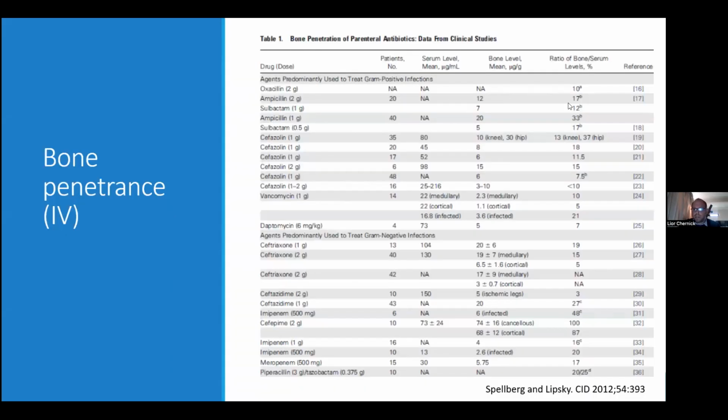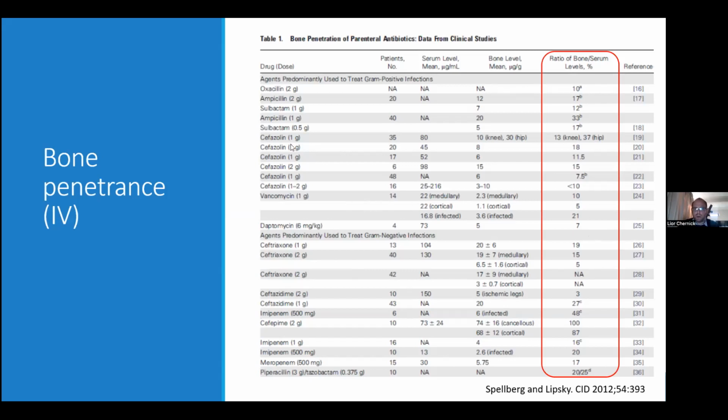This was a nice review of the literature by Brad Spellberg, whom I'll mention a bit later. But this is a table from his paper looking specifically at parenteral antibiotics. And essentially what you look at is the ratio of bone to serum levels. And you can see that for the vast majority of antibiotics, they're 10, 20, 30%, well below that region in terms of the levels achieved in bone.